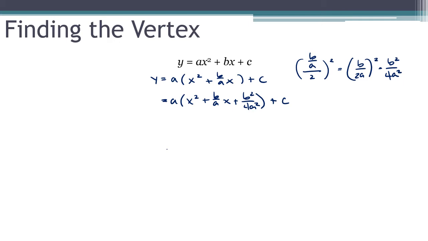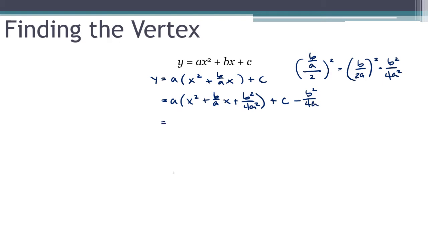It doesn't change it. So what do I have to subtract here? Well, don't forget I've got this a floating around out front. So if I multiply that a times the b squared over 4a squared, that's b squared over 4a. So that's really what I added, so that's what I'm going to subtract. I'll subtract b squared over 4a.